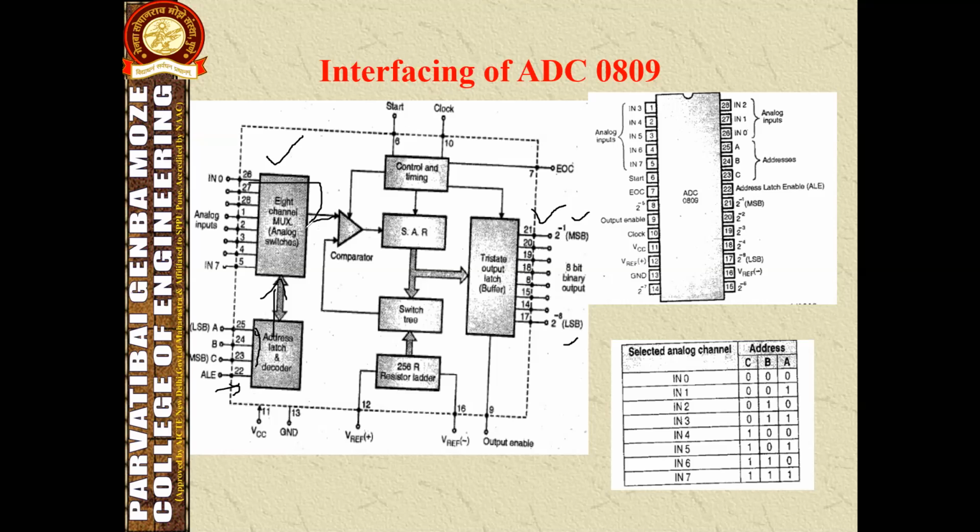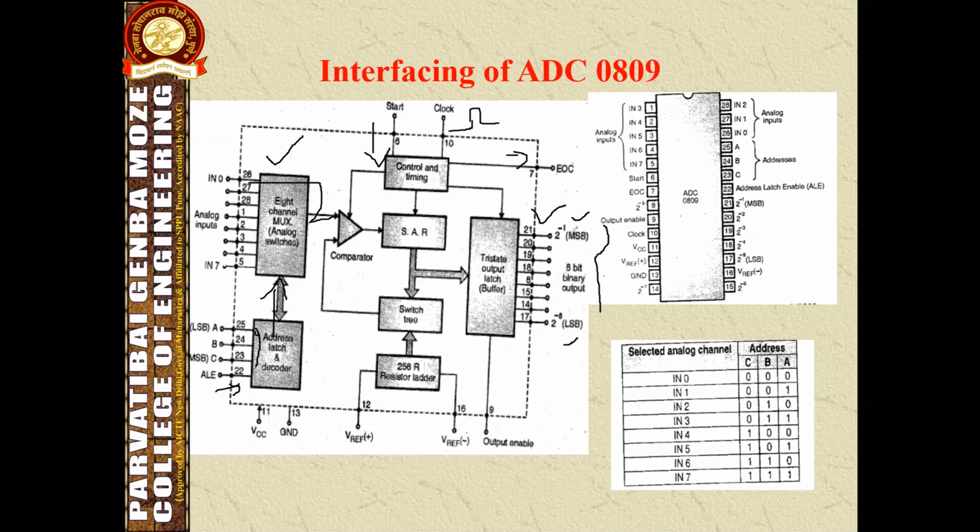And after connecting the input channel, the input signal is available. Then we have to start the conversion process by activating the start pin. This start will be activated by applying a clock here. Then the conversion process will start. After the conversion process, it will indicate high by the end of conversion. After the end of conversion, the output is available at the output terminal.